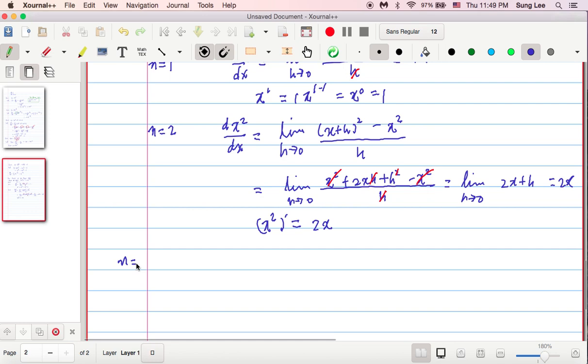The n equals 3 case, okay, d x cubed by dx. So that's going to be the limit as h goes to 0 of x plus h cubed minus x cubed all over h. So we have to expand this.